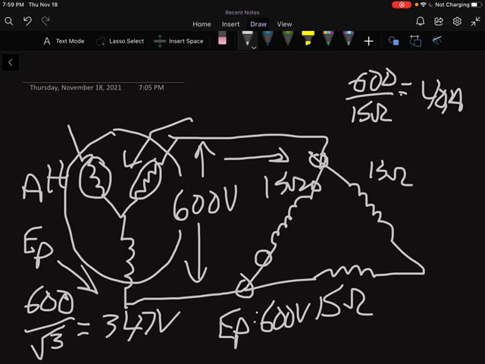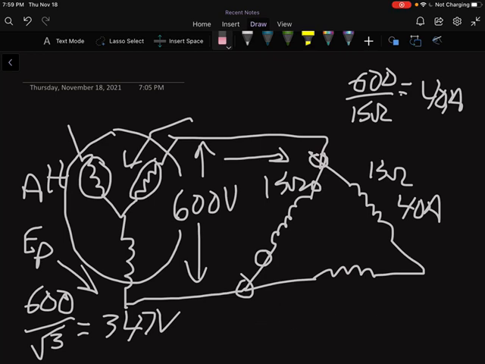as our phase current. And here's the tricky part. We have 40 amps per phase. I want you to think back to parallel single-phase circuits. When we would get to a terminal like this, we all understand that we have a split of current.